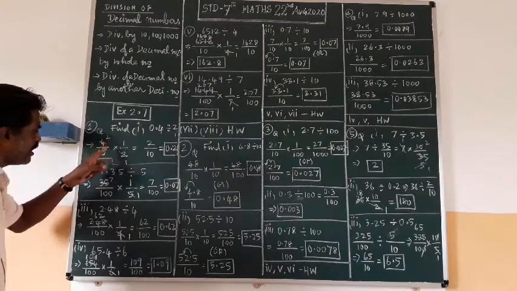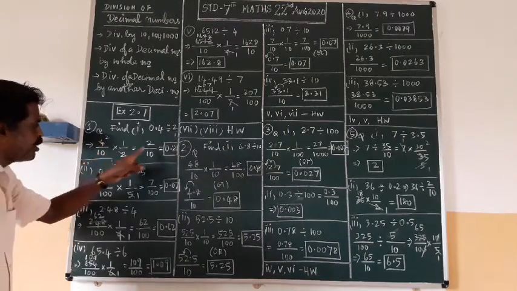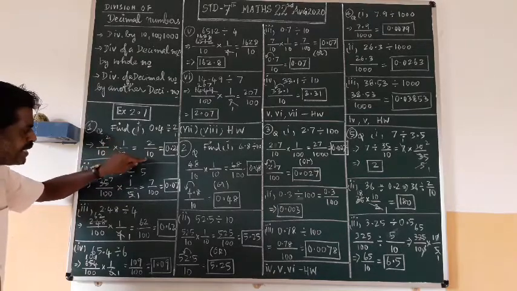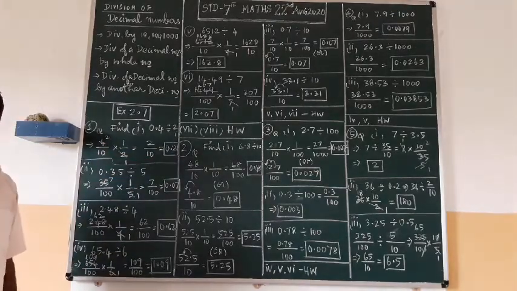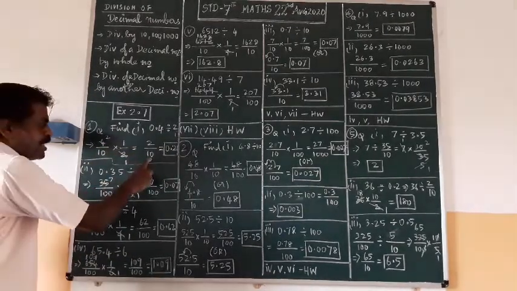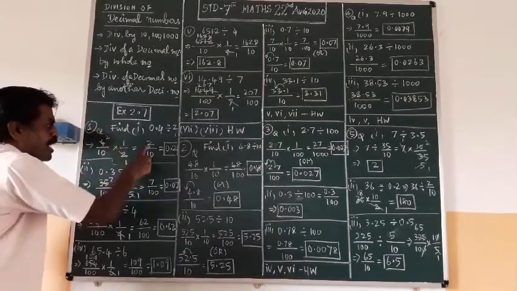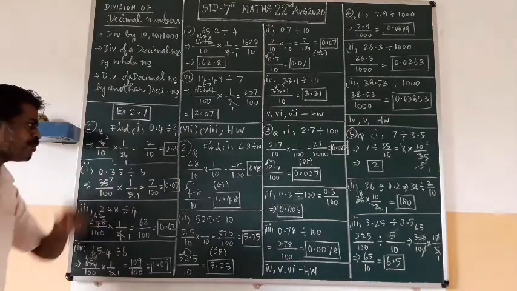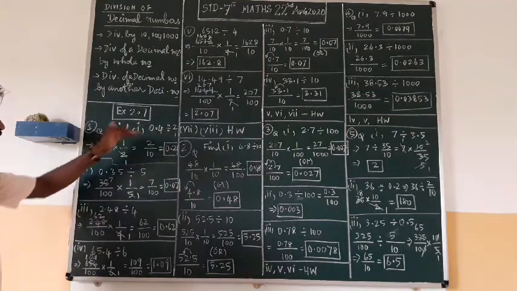So we get 2 upon 10. Then we can put the decimal point with a single digit, so 0.2 is the answer. Understood? This is the first problem.